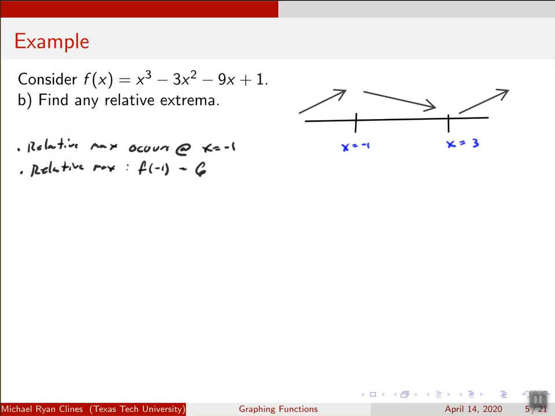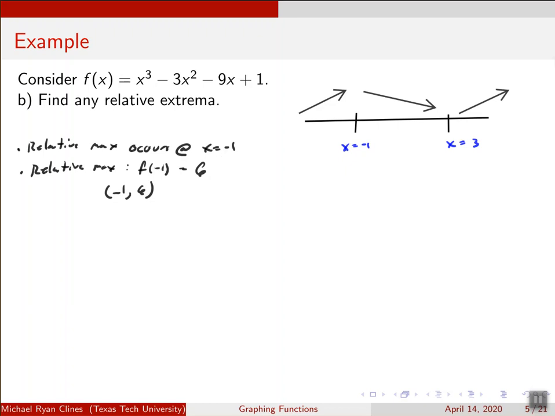So we can say that this is equal to (-1, 6). It is very useful to write this as a point when we're told to find the relative extrema. If you're told to find what the relative maximum is, that's 6. If you're told to find what the relative minimum is, you just write whatever the relative minimum is. If you're asked where it is, you write x is equal to -1.